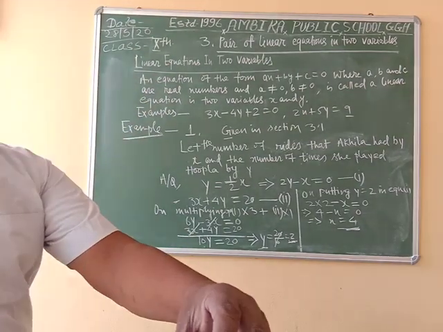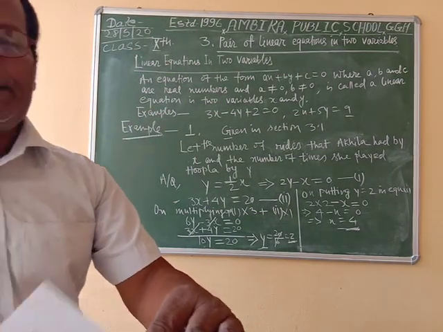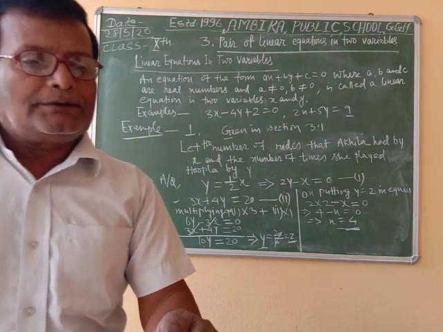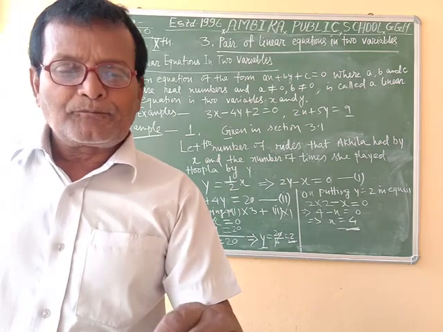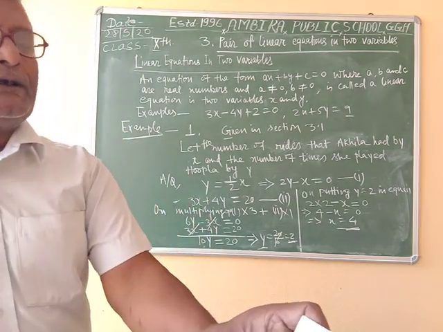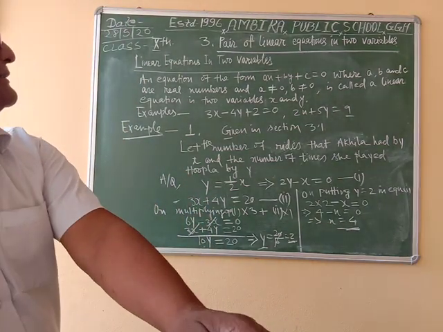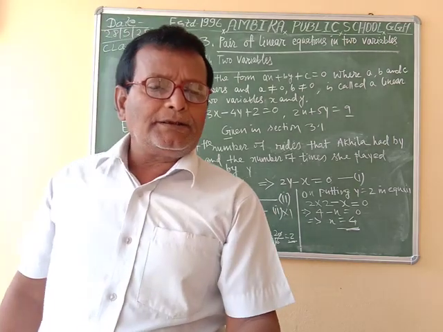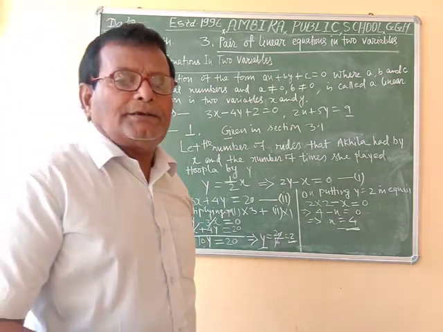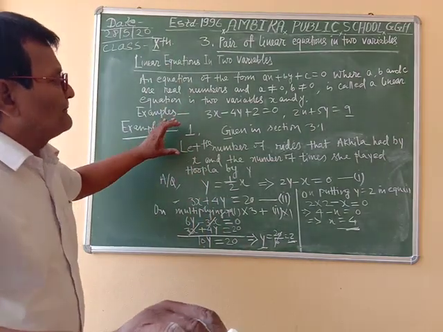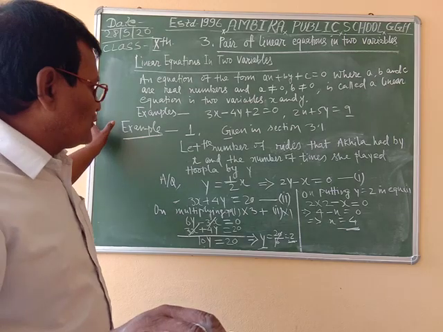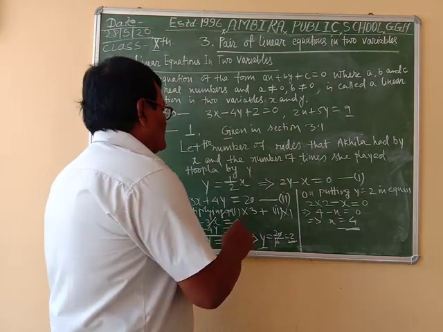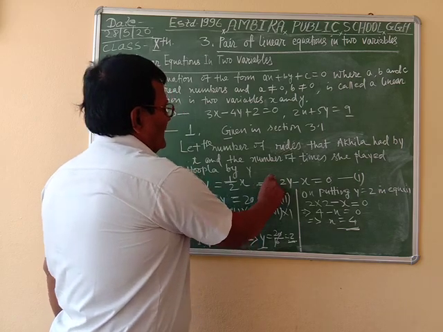In the next class I will solve it in detail, I will describe it in detail. You will try to solve exercise 3.1. Very easy exercise. Conditions are given and according to the conditions you can make 2 equations and then you can try to solve for the values of x and y.